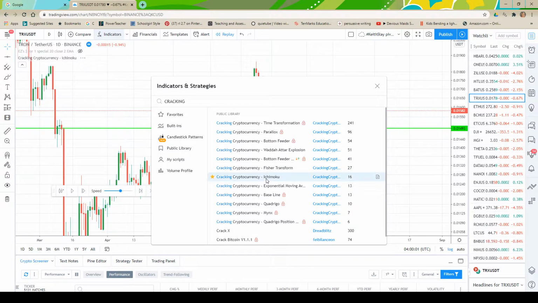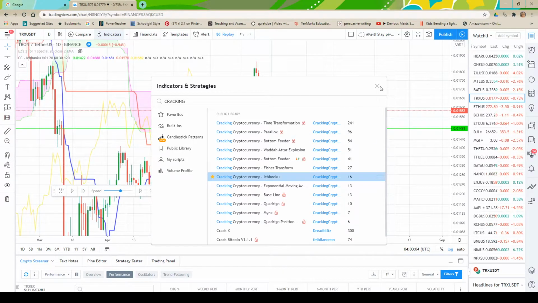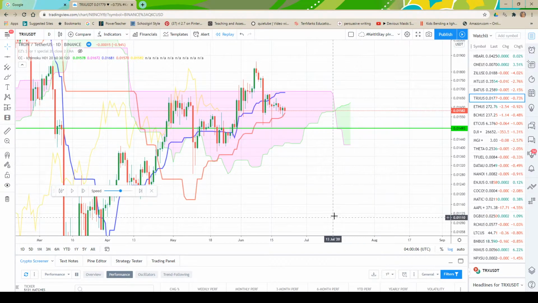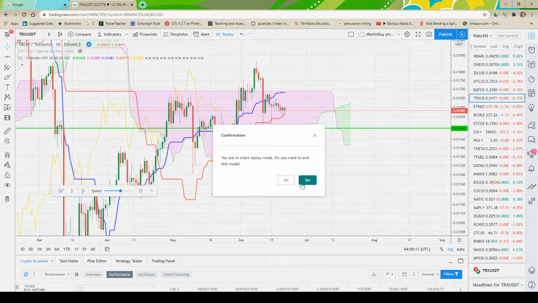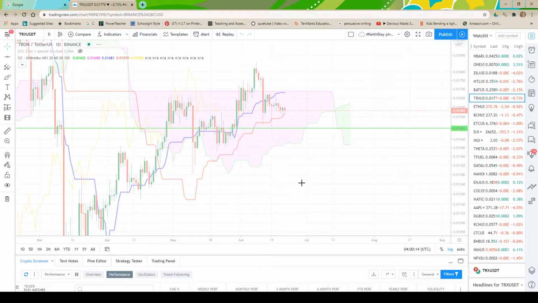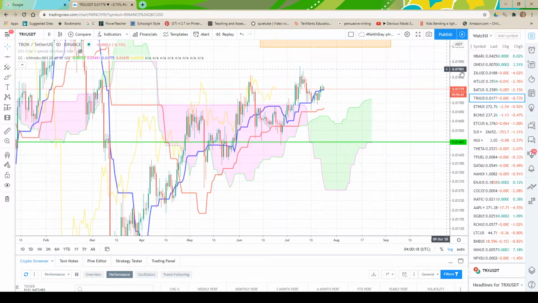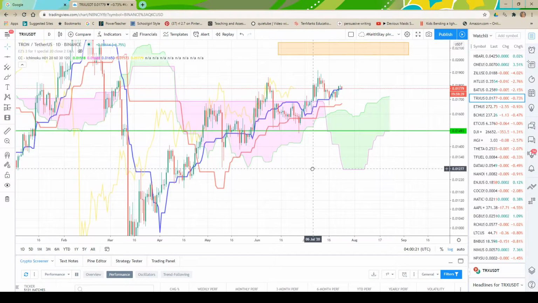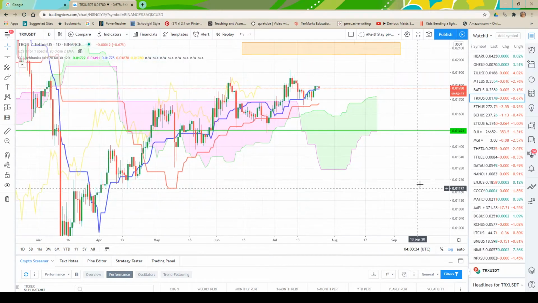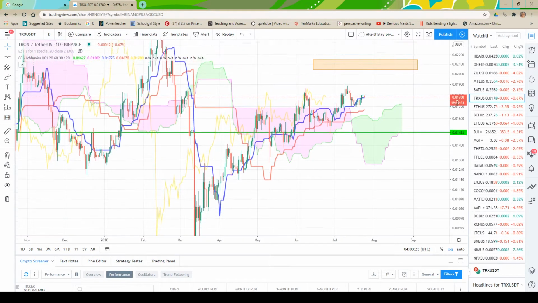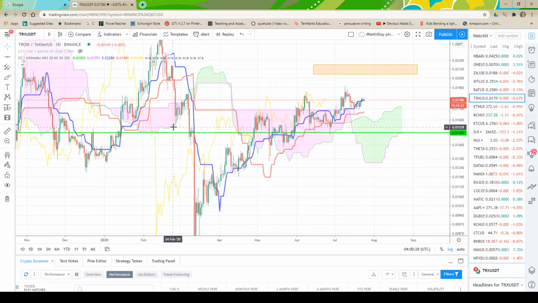I'm going to click on this. It's much different looking. Purple and green. Whatever, I don't care. We get out of replay mode here. What do you make of this? Well, if you notice, the other cloud had much different shapes than this one.